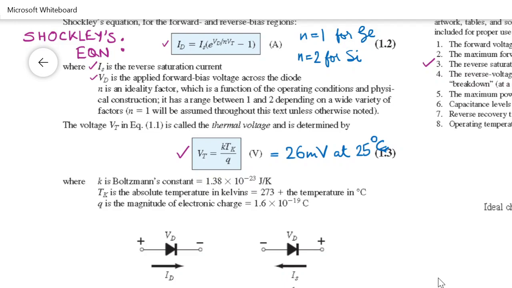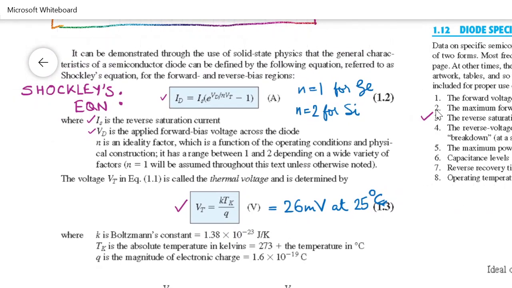It is very simple. We apply a forward bias voltage to the diode. We have a battery connected to the diode in series with a current limiting resistor, so that we don't burn up the diode, because there is a maximum forward current as a specification. In specification number 2 you read that there is a maximum forward current, and we should not exceed that current.